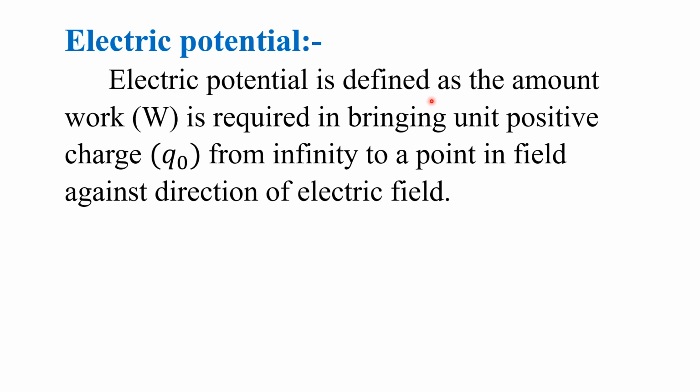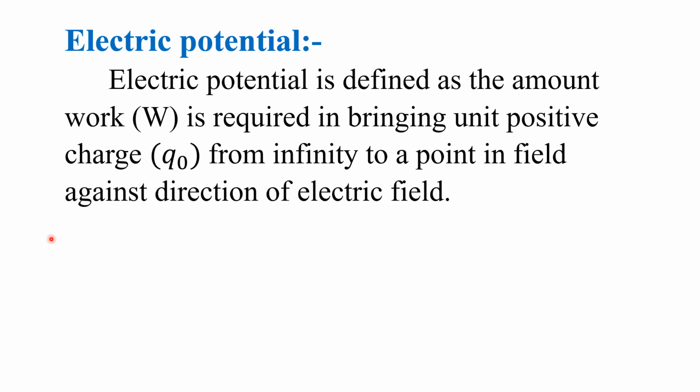Electric potential is defined as the amount of work required in bringing a unit positive charge q0 from infinity to a point in a field against the direction of the electric field. If you consider a charge q and its electric field, and we place a charge outside the field of the positive charge q, then that charge can be considered to be at infinity.